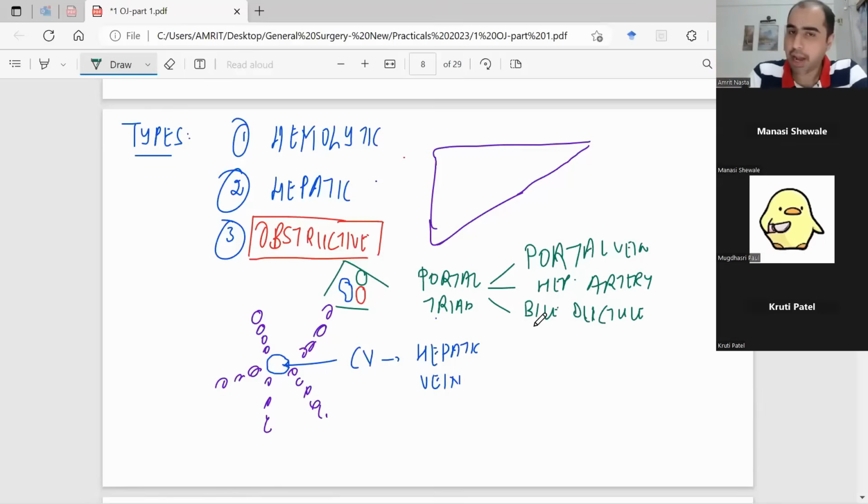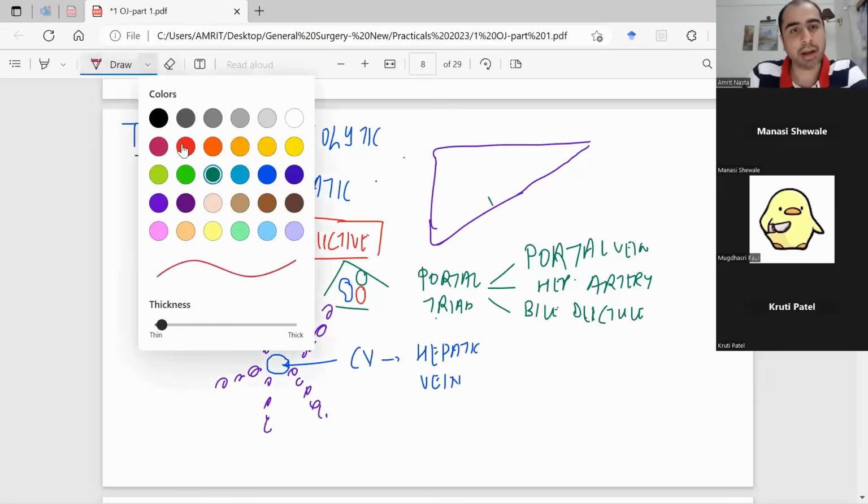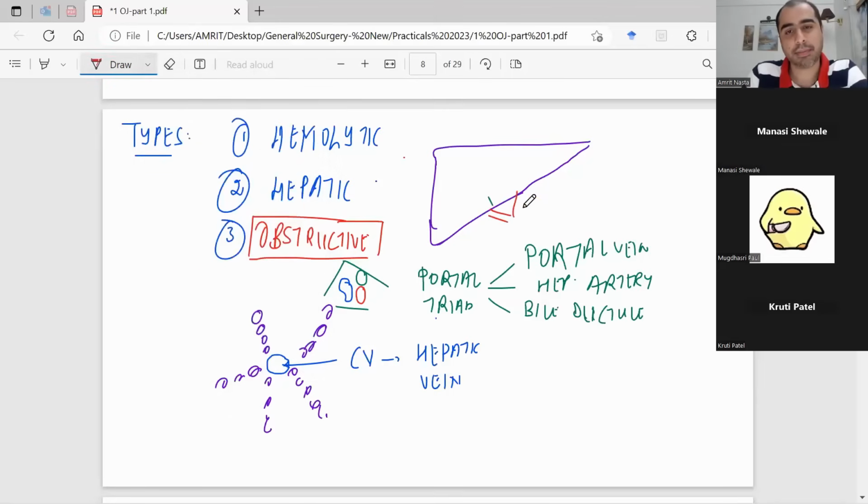At this area over here, the hilum of the liver, the hepatic artery, portal vein and bile duct are all entering the liver. Technically it's not entering, but for now take it as entering. The hepatic artery enters the liver and gives its branches. Similarly, portal vein will enter and give its branches.